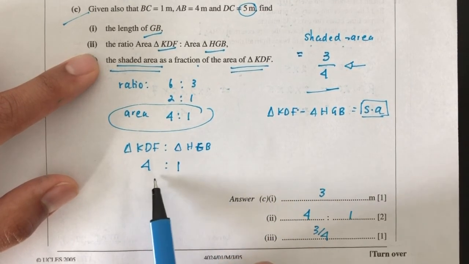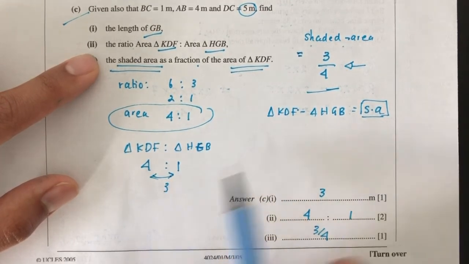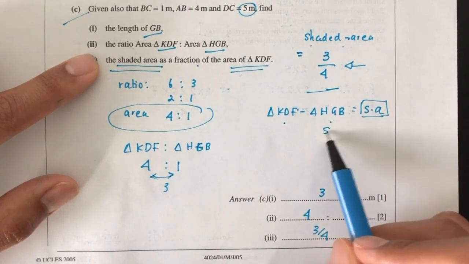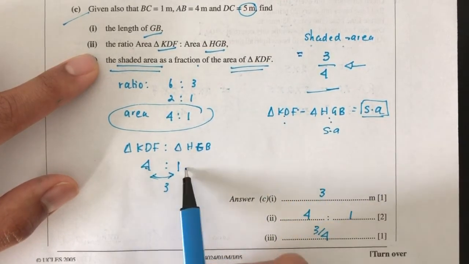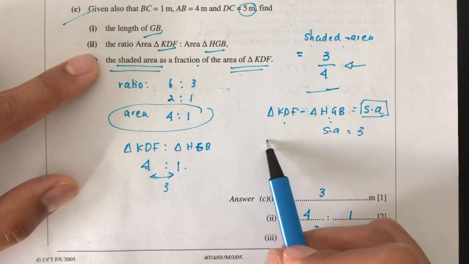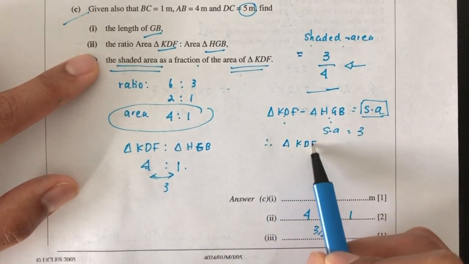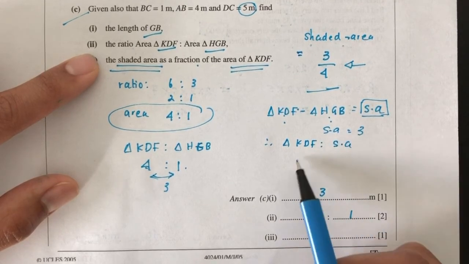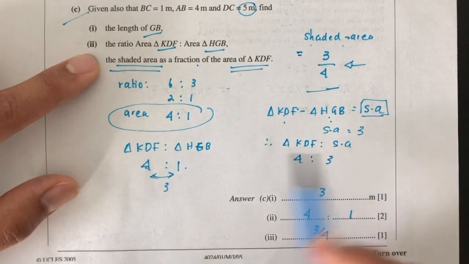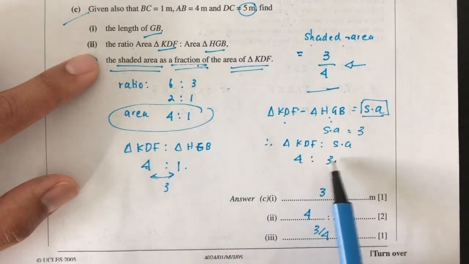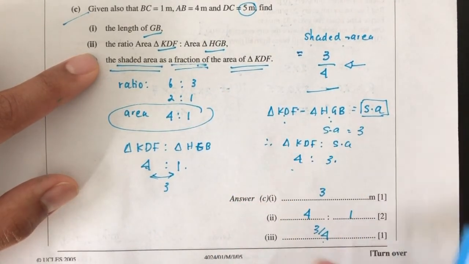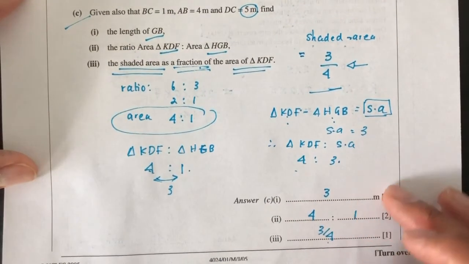So from this you can see there's a difference of 3. The shaded area will be this minus this, so it will be 3. So the ratio of the shaded area to the area of KDF will be 3 to 4. So the fraction will be 3 over 4. That's how I got this answer. Okay, I hope that makes sense.